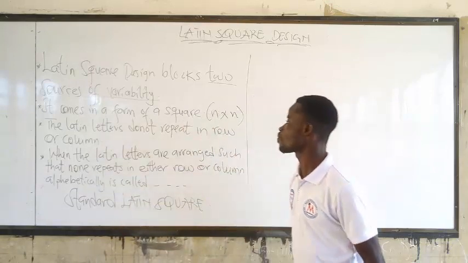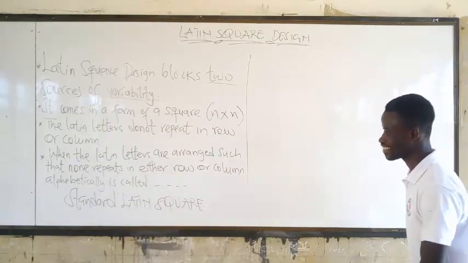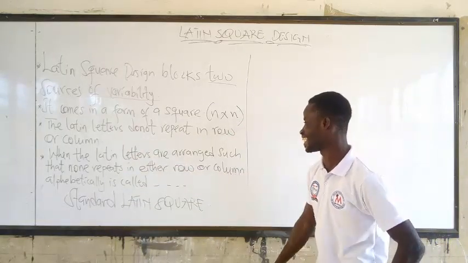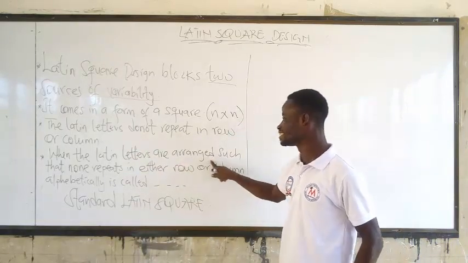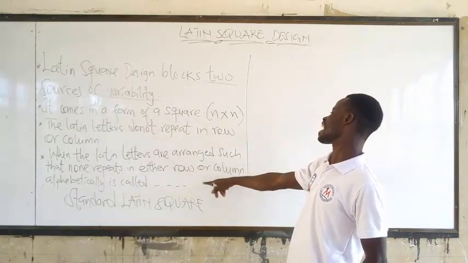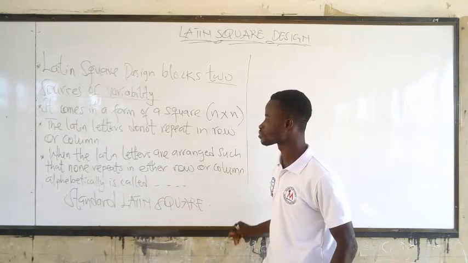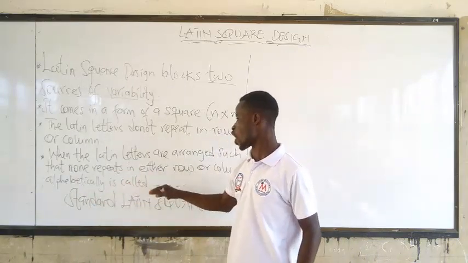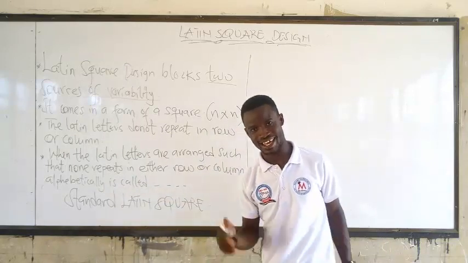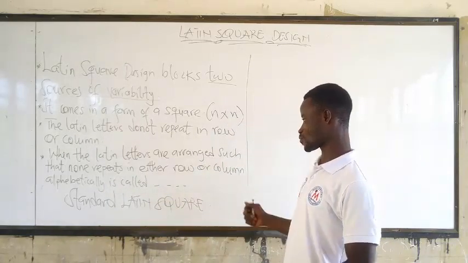When the Latin letters are arranged such that none repeat in either row or column alphabetically, it is called a standard Latin square.